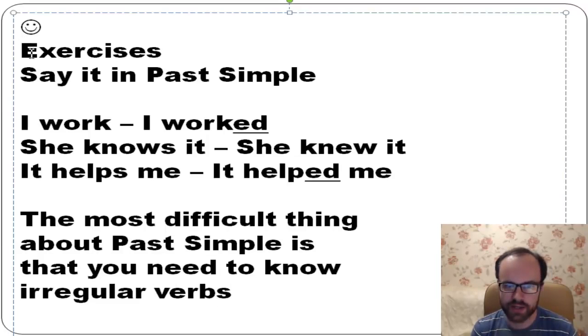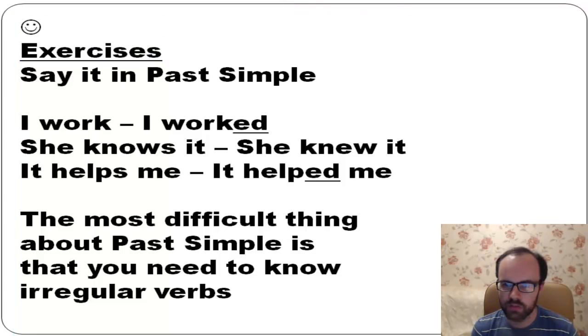Okay, so exercises. Say it in past simple. I worked. She knows it. She knew it. It helps me. It helped me. The most difficult thing about past simple is that you need to know irregular verbs. Good.